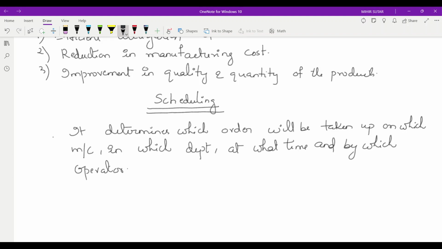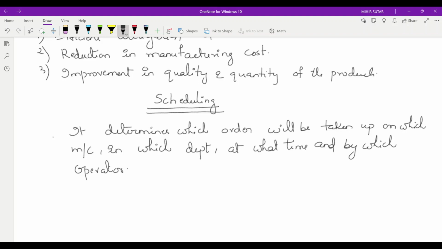So loading and scheduling. Loading means which machine you will be using for the manufacture of the parts. The objective of loading and scheduling is to have maximum utilization of your resources, and your resources are men, machines, and materials.